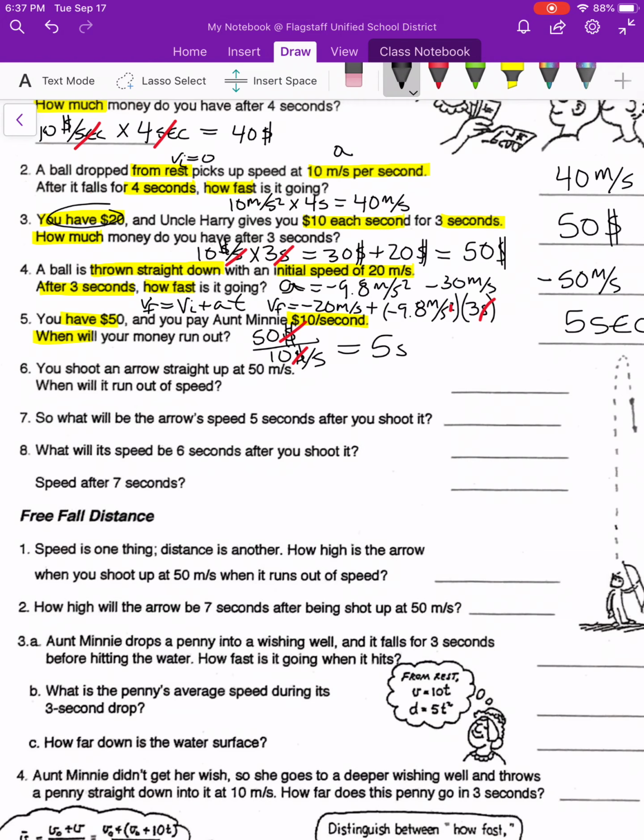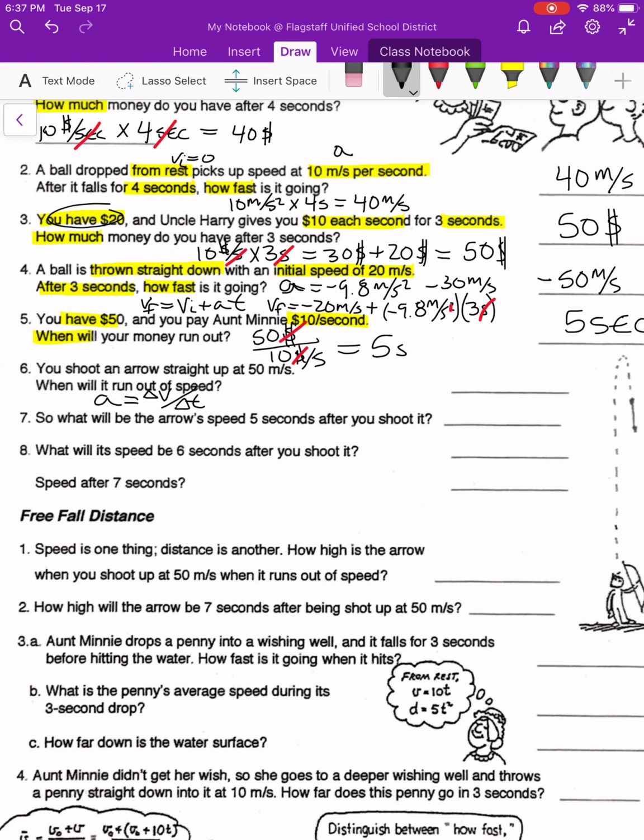I'm going to look at my equations, and it looks like I have an equation that is acceleration equals delta V divided by delta T.